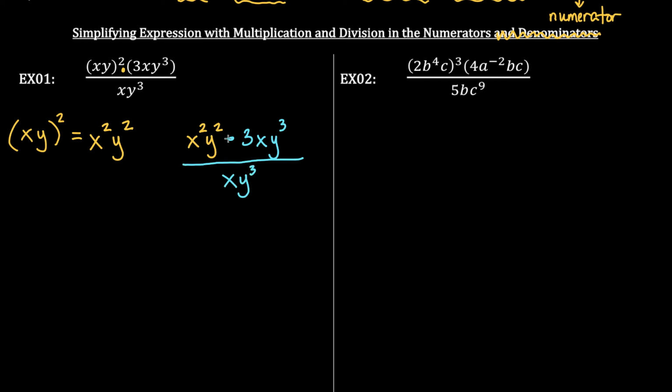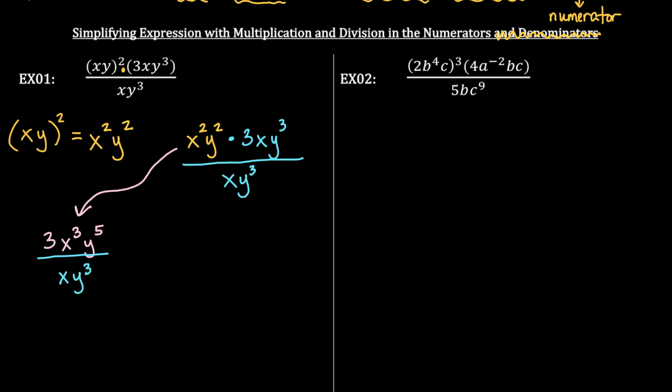Now I would multiply what I can. So I get, there's a 3 there, so I'll write a 3. There's x to the second times x, it's just x to the third. Y to the second times y to the third is y to the fifth. And then it will still be over xy to the third.